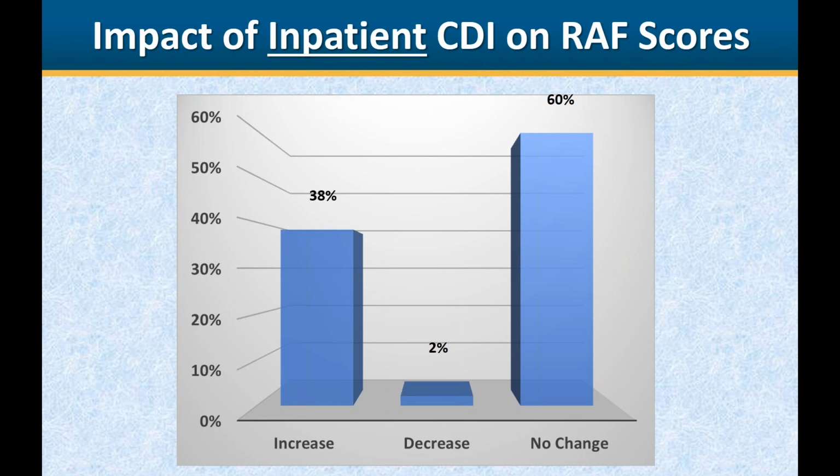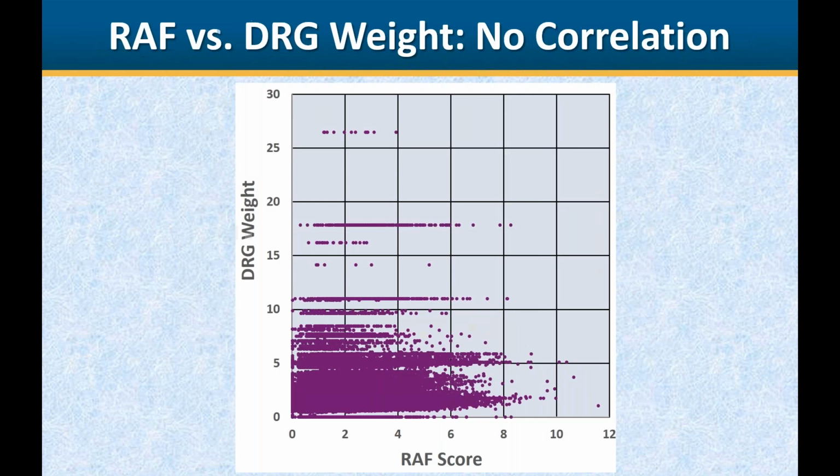A lot of times we didn't change it because remember, inpatient acute problems may not be reflected in the outpatient, but almost 40% of the time what happened on the inpatient side did impact the RAF score. I had to study this one for a long time before I could confirm what I already suspected, that the RAF score doesn't correlate with the DRG weight. They're measuring different things.